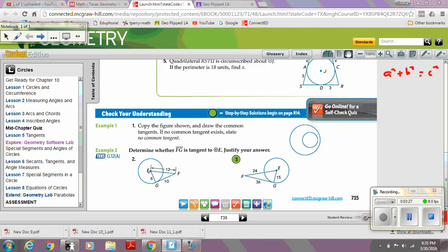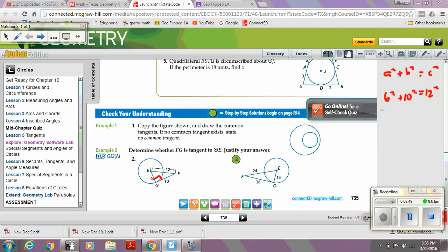So the right angle is assumed to be here. Across from the right angle is always c, so that means c is 12. And then a and b are 6 and 10. So 6 squared plus 10 squared.